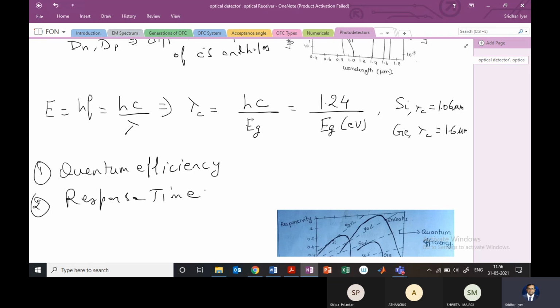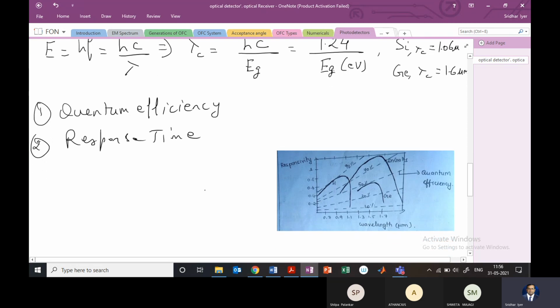Let us see how we can do that, and this will be important in calculating the signal to noise ratio a little later. We also want to see what this responsivity is. So in general, what is this quantum efficiency? Let us first do quantum efficiency.